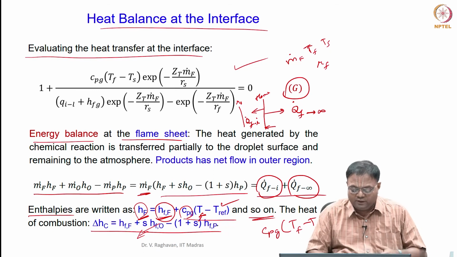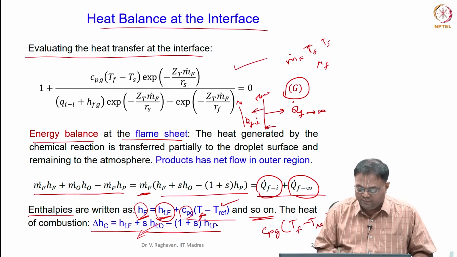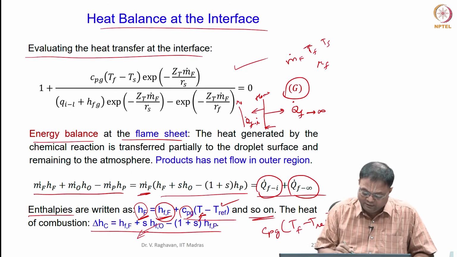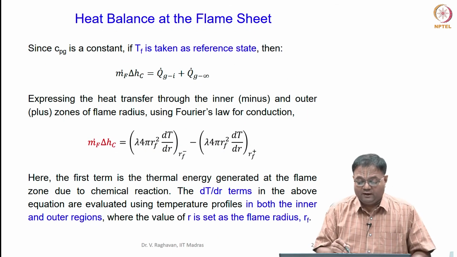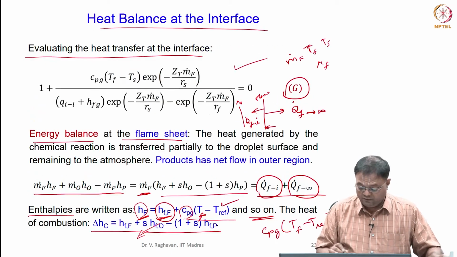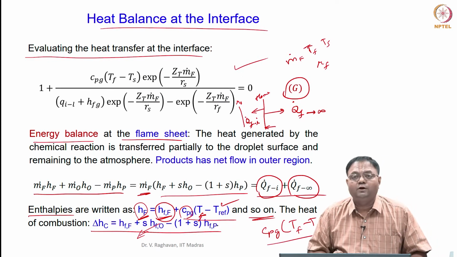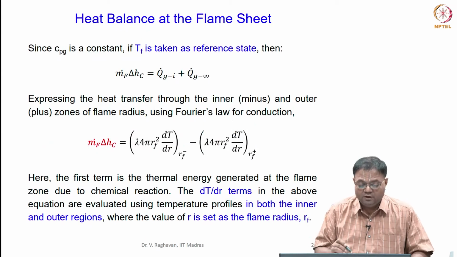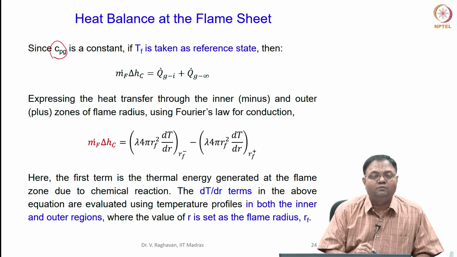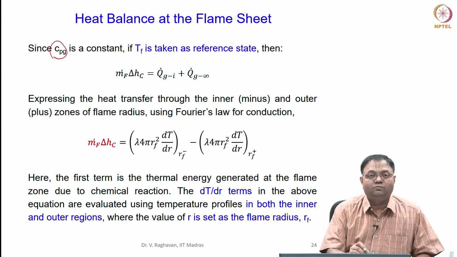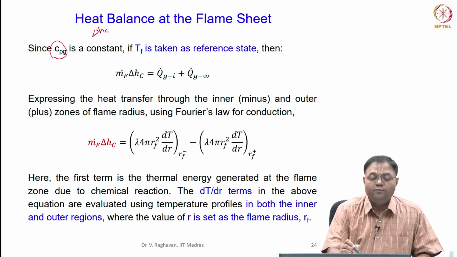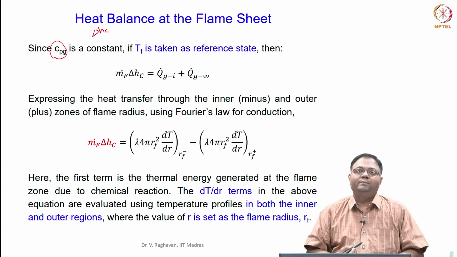So using these, the enthalpy definition etc. and the definition of delta Hc, we can write this equation basically. But one more assumption made here with respect to the Cpg into Tf minus Tref is, we know that Cpg is constant. Since Cpg is constant, basically delta Hc will not be affected by Tf.